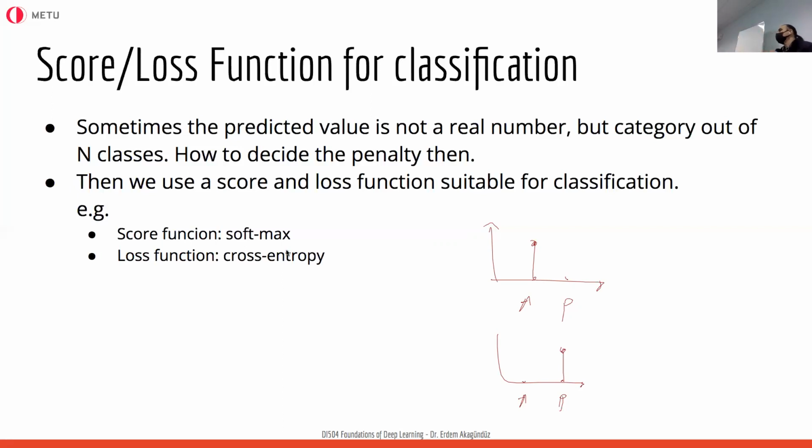So that's the loss function. If it is 0, they are the same probability. If it is infinite, they have no relation, no correlation, nothing at all. So that's how cross entropy works. Without delving into more details about cross entropy and the softmax function, I'm going to talk about how I use them. Okay, good.